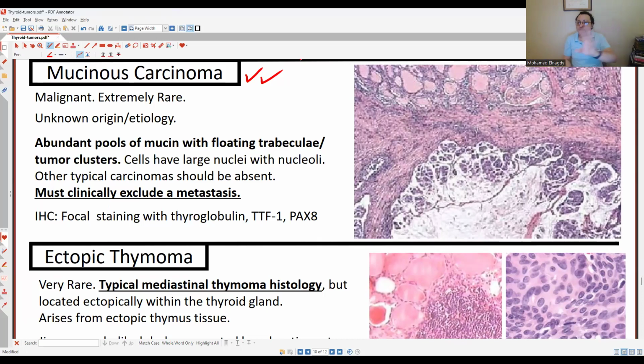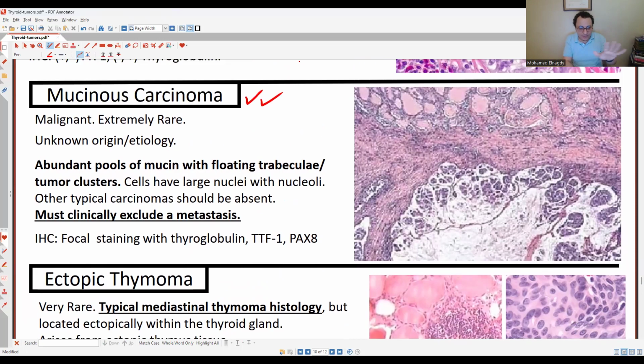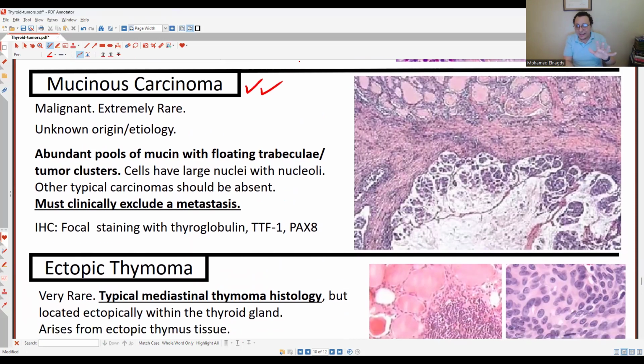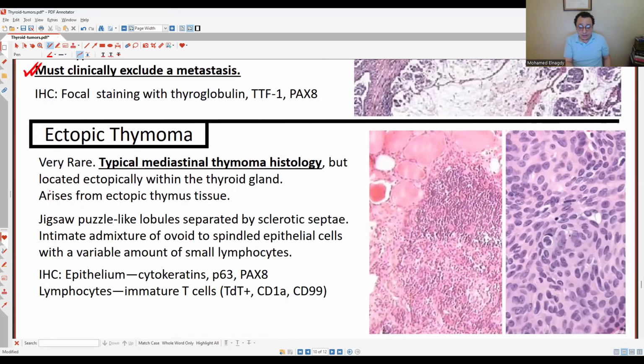It's everywhere the same pattern, pools of mucin with floating tumor clusters. I agree, but it's very rare as a thyroid primary. So even when you see it in the thyroid, you must clinically exclude a metastasis. It's rarely coming from the thyroid itself, might be coming from somewhere else.